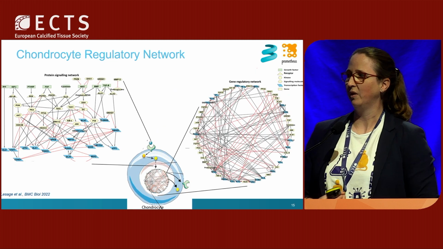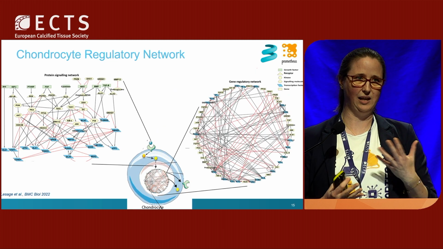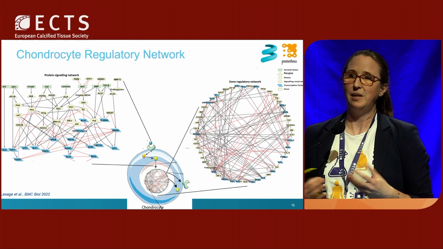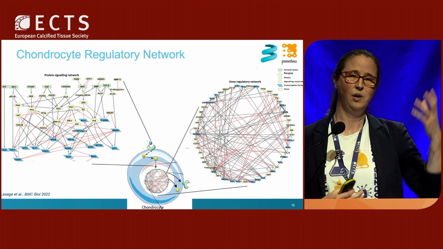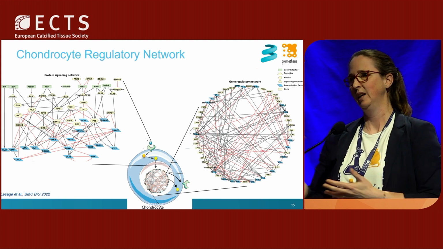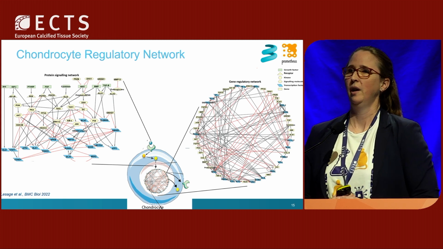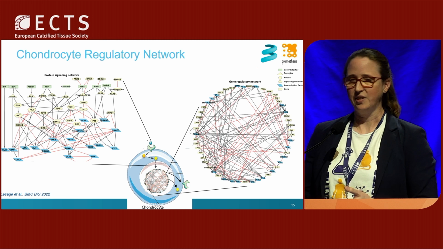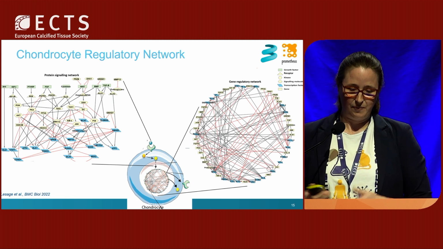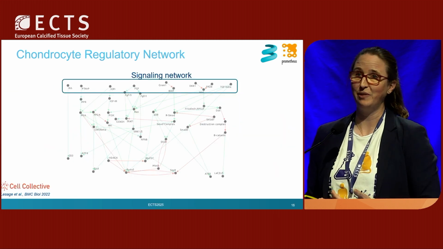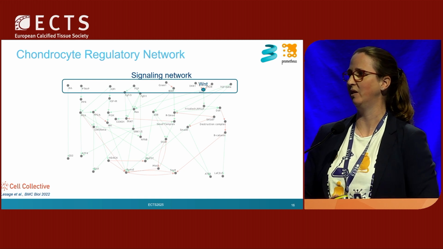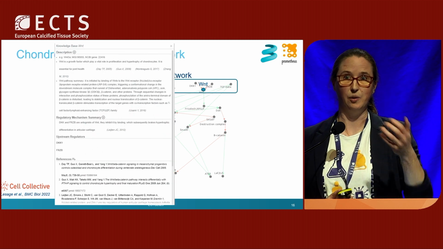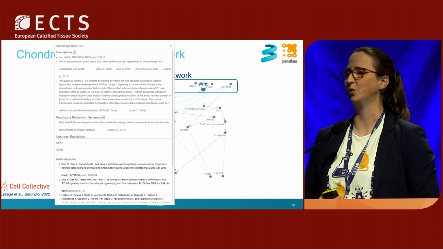Here we worked on a model that had a protein and a gene layer with the main pathways that are involved in chondrogenic differentiation. We first did it on the growth plate and then extended it also to more chondrocyte or articular phenotypes. This was first done in a knowledge-driven manner, so a PhD student going to the literature, making all of these annotations saying where every arrow in this network was coming from.